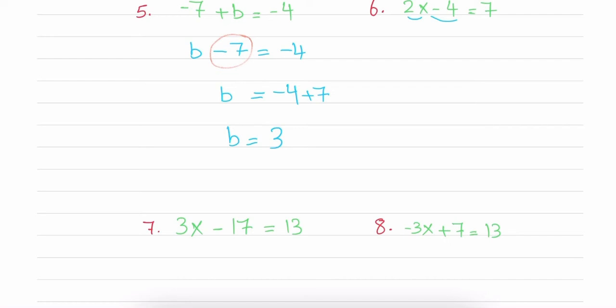This will be 2x equals 7 plus 4, which is 11. Now, the left side stays 2x. I have 2 lots of x equals 11, which means I have to divide by 2 on both sides.